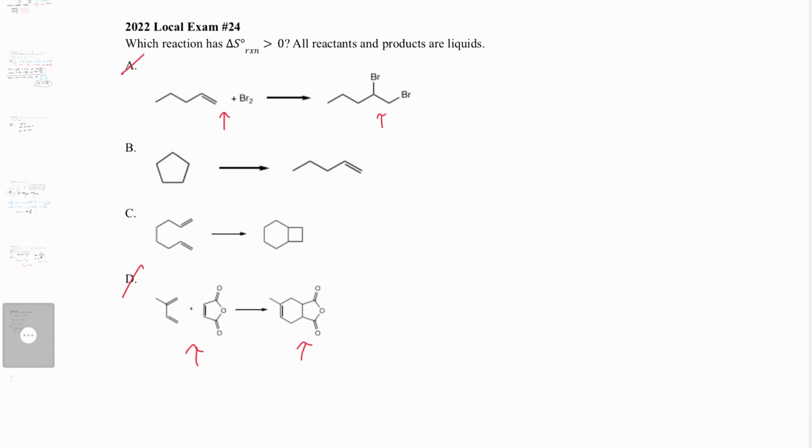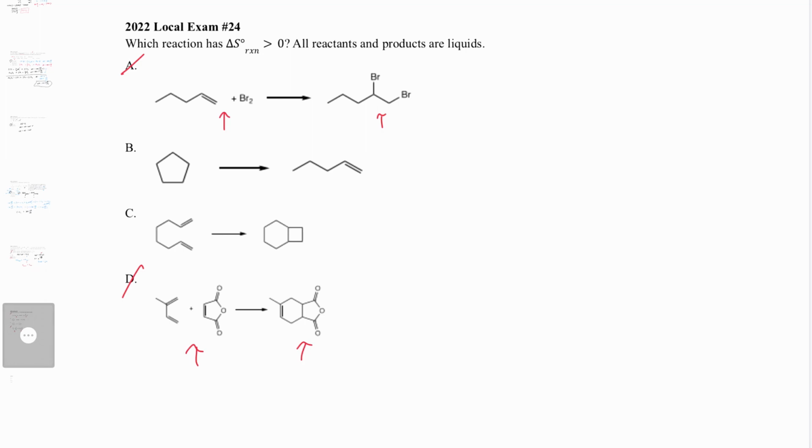The thing you need to know for B and C is that open chain molecules have greater entropy values than closed chain molecules. Open chain molecules have the ability to rotate. Whenever you're in a cyclic form, the bonds are really tight together and they can't really move. What that means is that your entropy is much lower in cyclic systems.